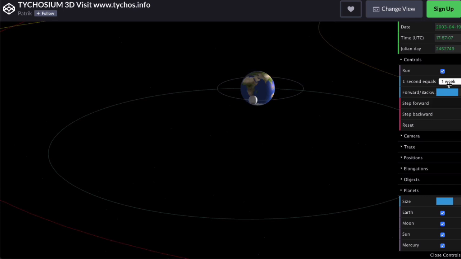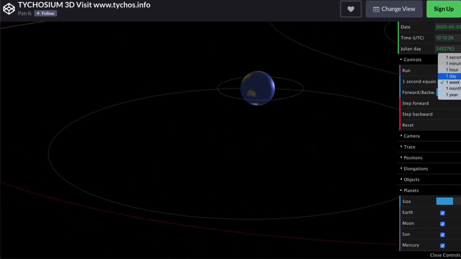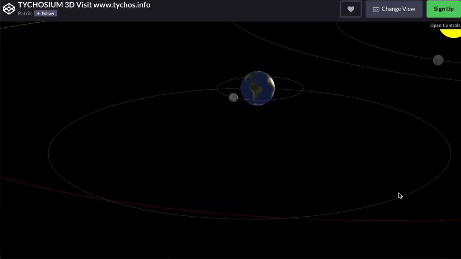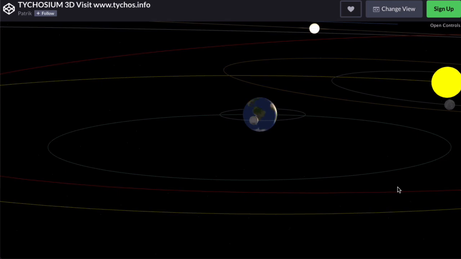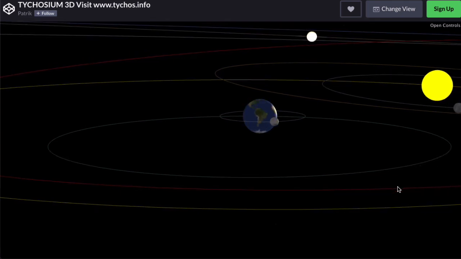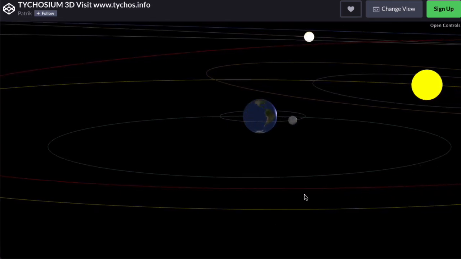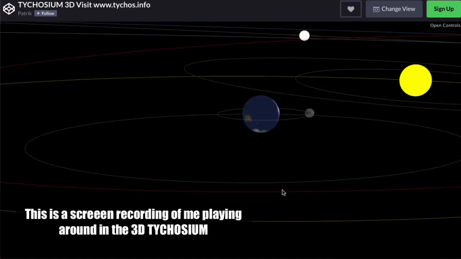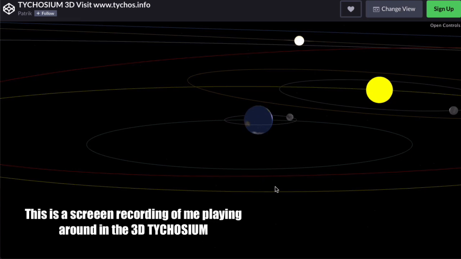It's been a way to confirm and demonstrate the Tychos model, and because of that, I'm longing for some time to make it a little bit better visually and easier to work with.